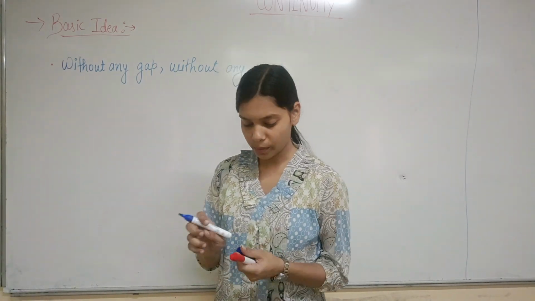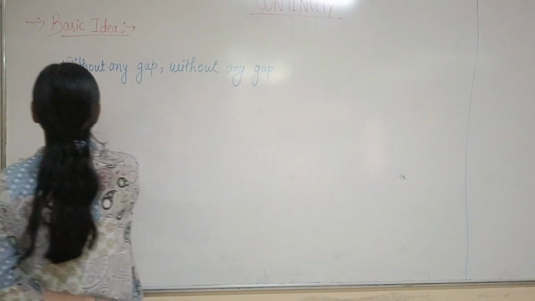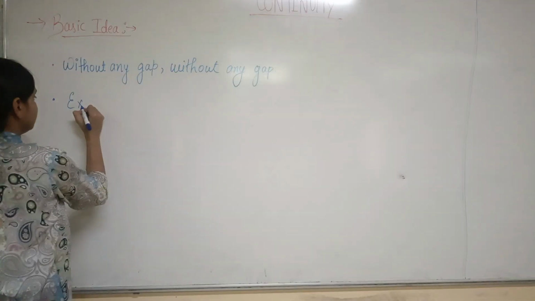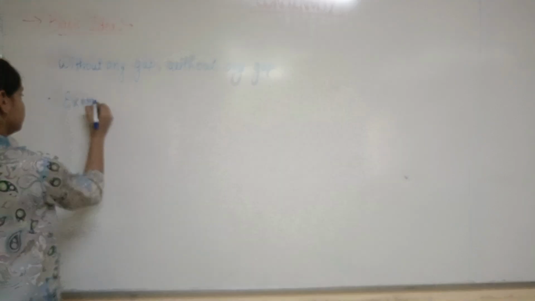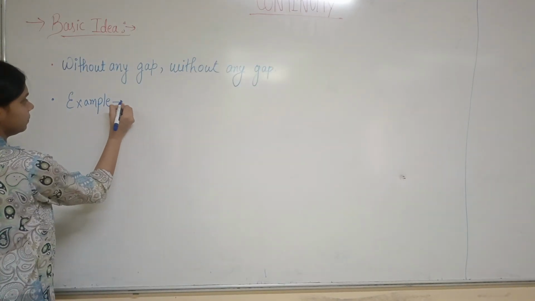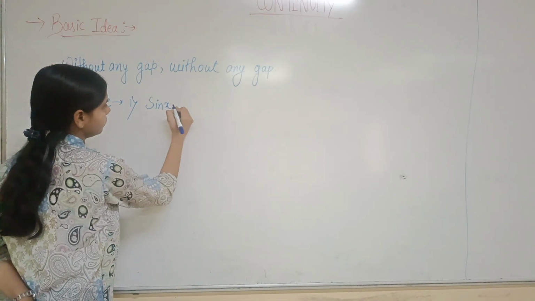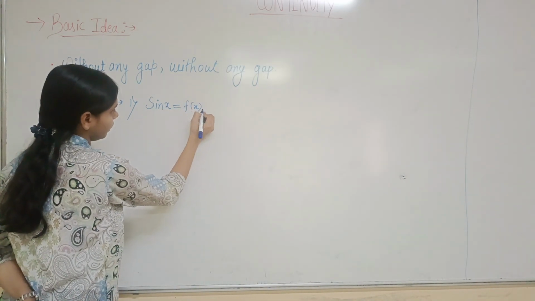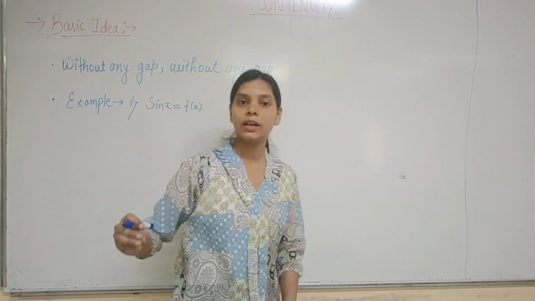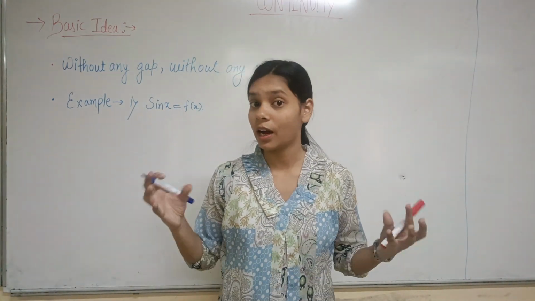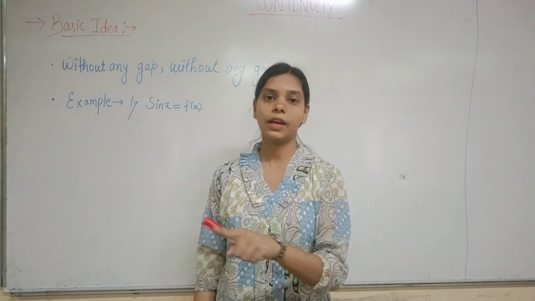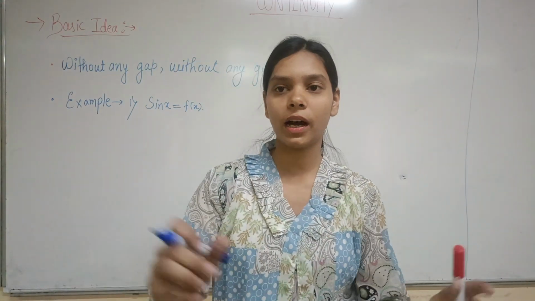Now what does the definition say? Let us take an example. First, sin x. And I already told you in chapter number 1 how to draw the graph of sin x. So each and every student, draw the graph of sin x.